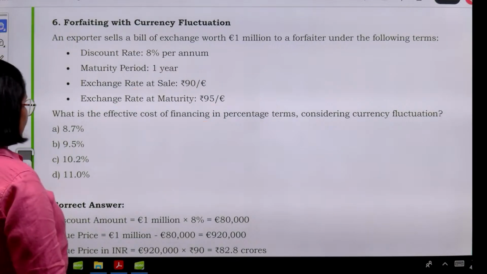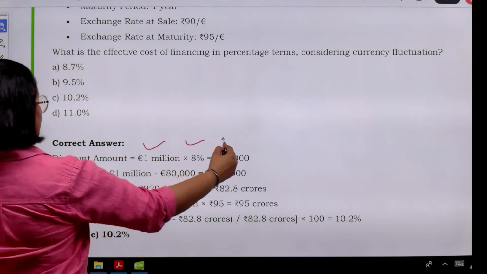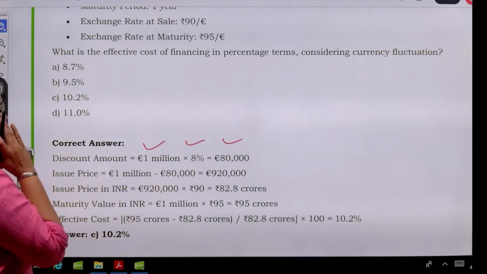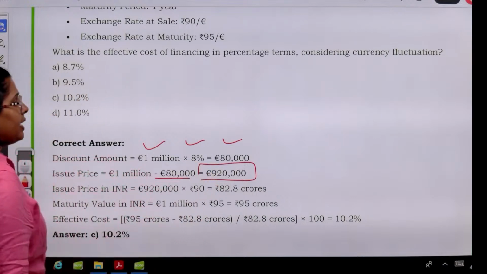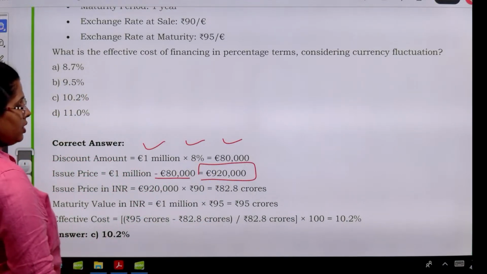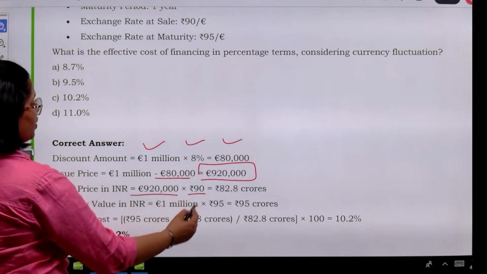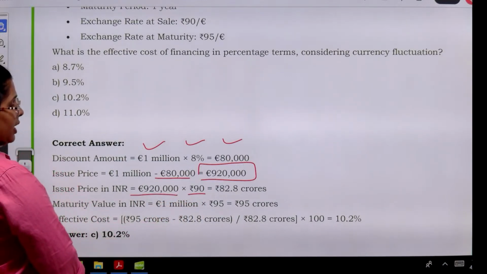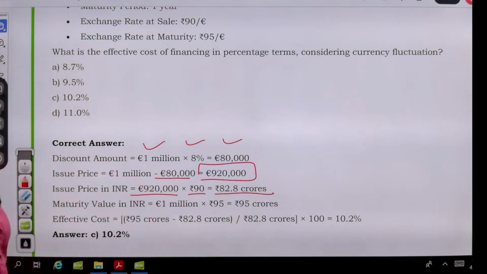So discounting amount kitna hoga? 1 million euros multiplied by 8%. Okay. So out of 1 million euros, if I deduct this, what am I getting? 920,000 euros. Okay. Now over here, let me convert this into INR. This was the exchange rate at the time of sale. So eventually I'll get 82.8 crores.